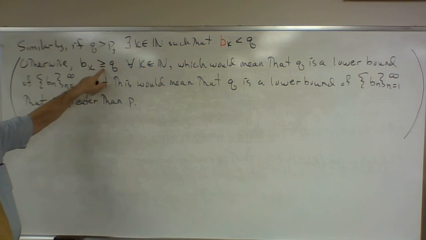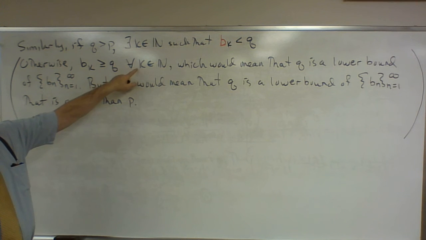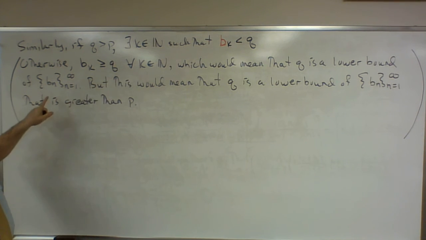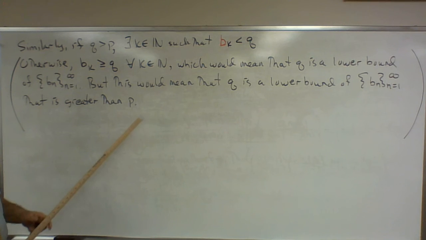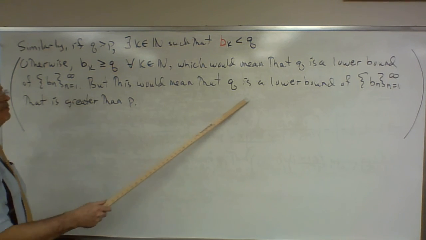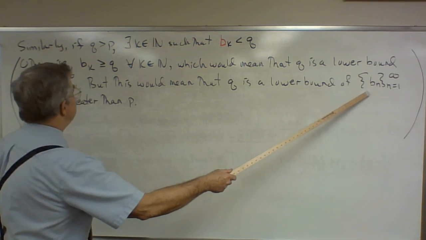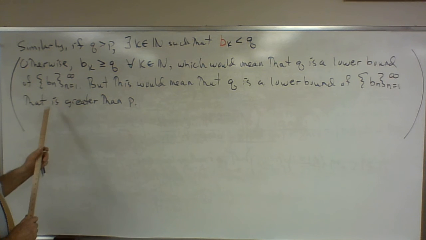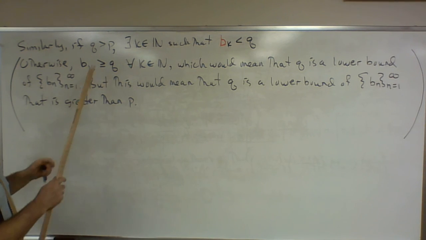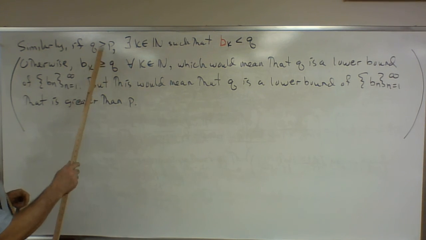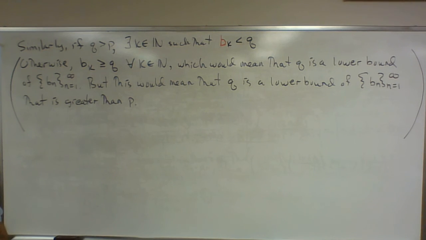Yeah, so what? Well, that would mean that Q is a lower bound of B sub n that's greater than P. See, we assume that Q is greater than P. So what's the problem?